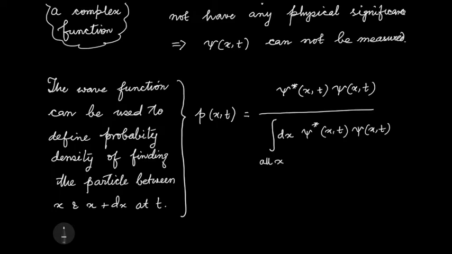And you see this p is always real, because first of all, that is something that we can measure. Okay, so p is something real. We can measure this, and it is achieved by doing psi star times psi.